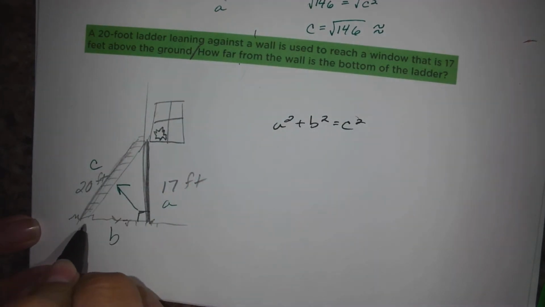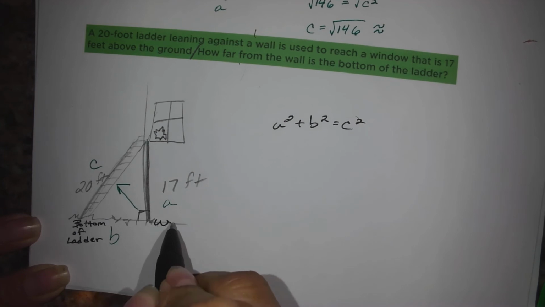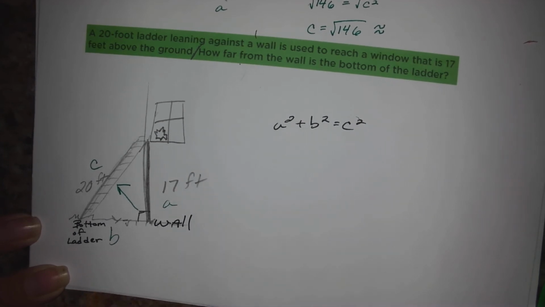So here's the bottom of the ladder. So right here. Bottom of ladder. And then here's my wall. So you want to know this distance here. So you want to know B.